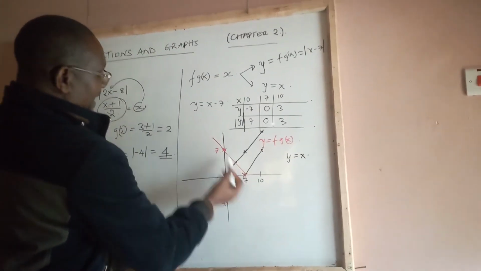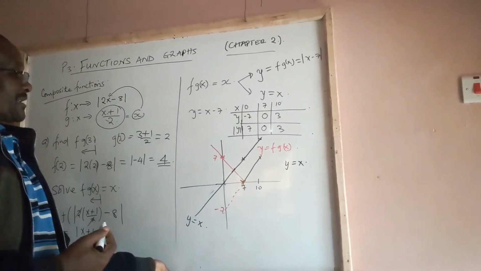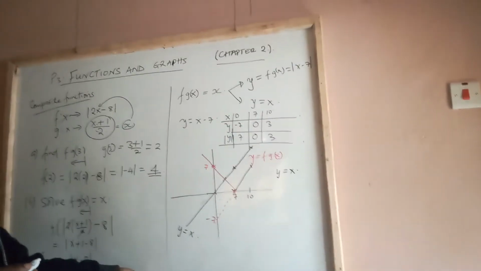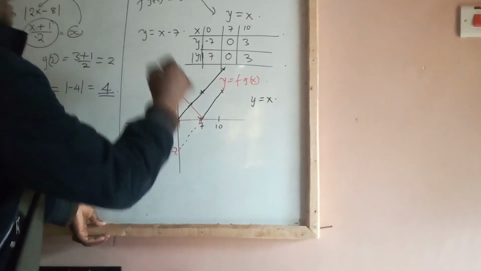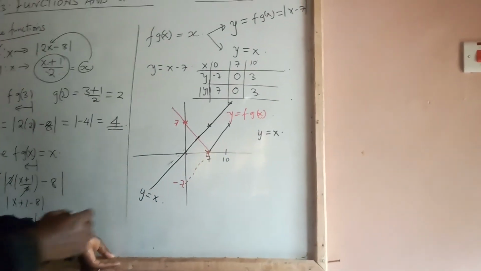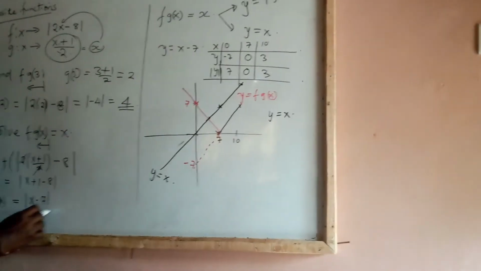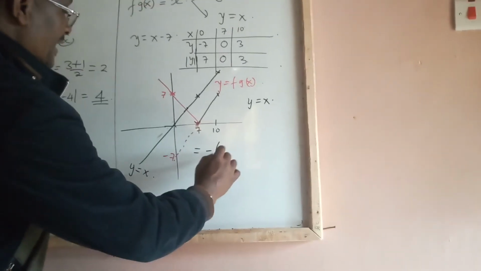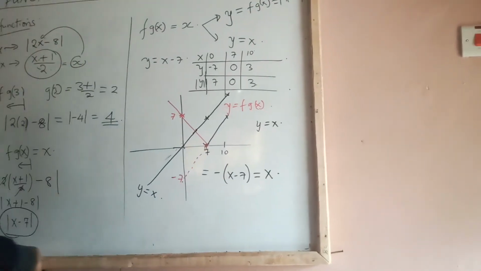And this red line means it is the moduled part of the graph. What does that mean? It means it was supposed to be the negative part of the graph. What we are saying is that if we consider the negative part of this, then we bring it like minus (x minus 7) is equal to x.